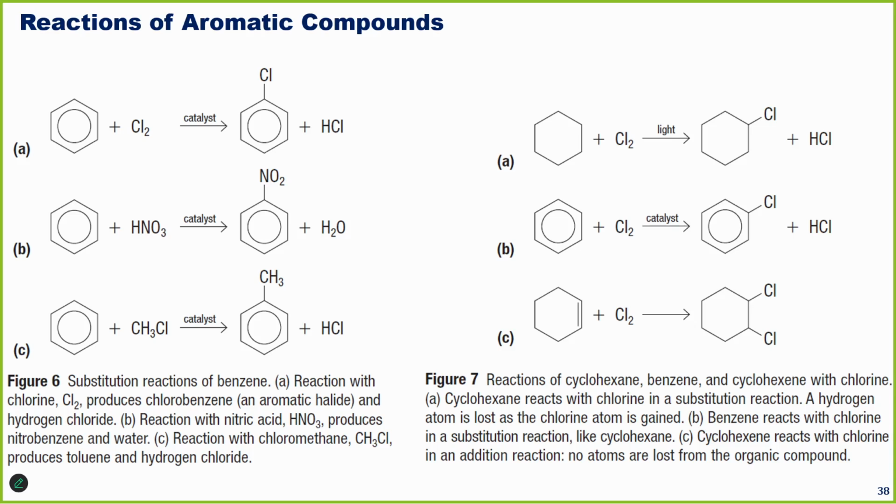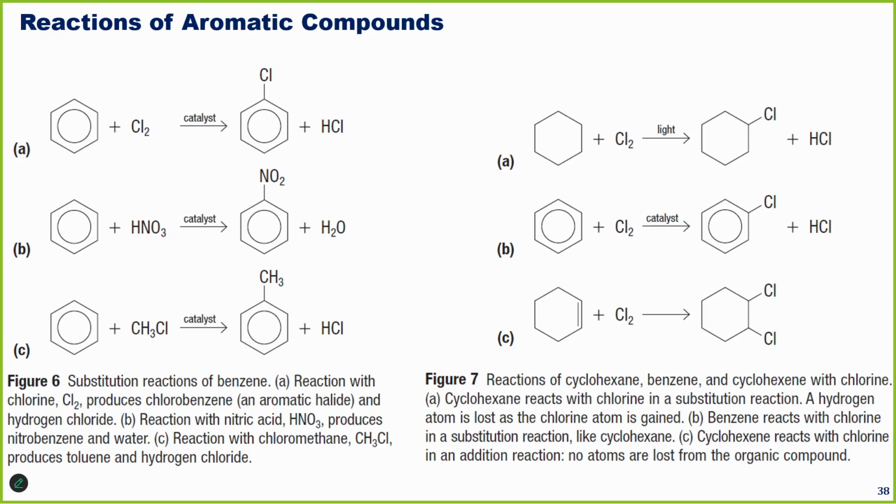Benzene does undergo substitution reactions, in which hydrogen atoms are replaced by other atoms, such as halogens. And this concept is illustrated in figure 6. So in figure 6, you can see that the substitution reactions do happen involving benzene.